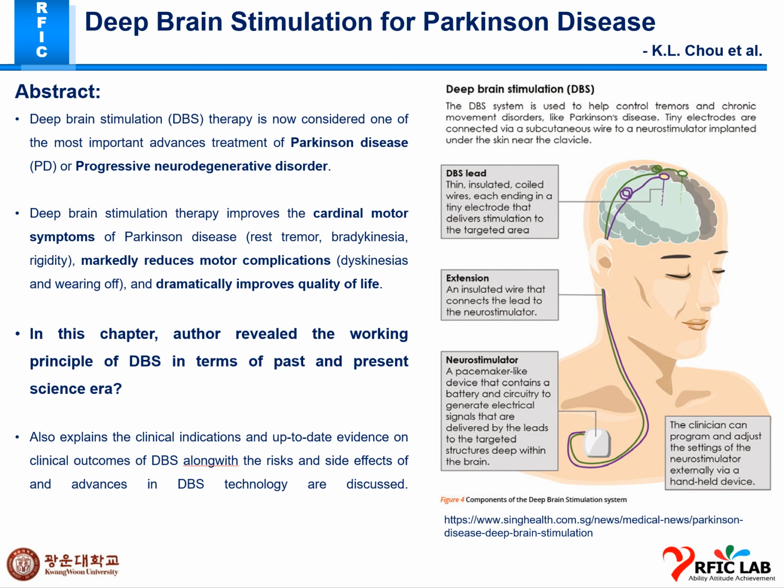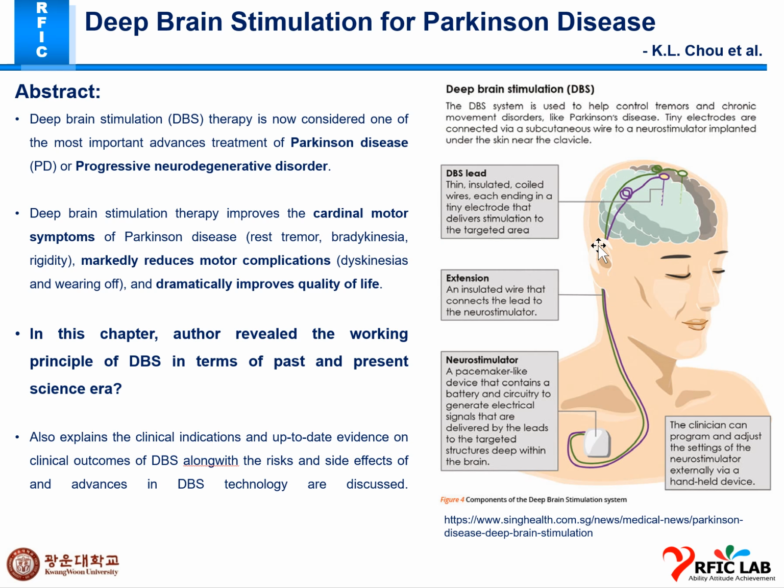These are the components of DBS systems, and this figure also clearly explains them. DBS leads are insulated coiled wires ending in a tiny enclosure that delivers stimulation to the target area.